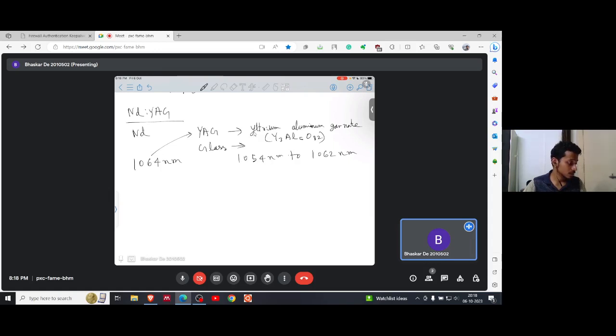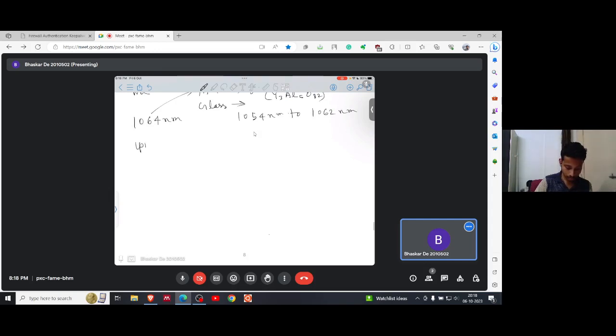The upper level lifetime is relatively long, 230 microsecond for Nd:YAG and 320 microsecond for Nd glass.